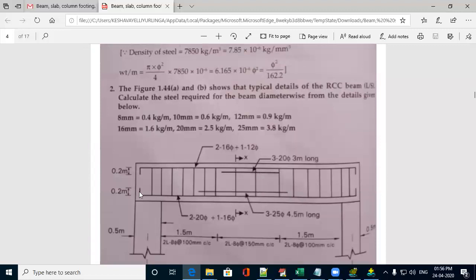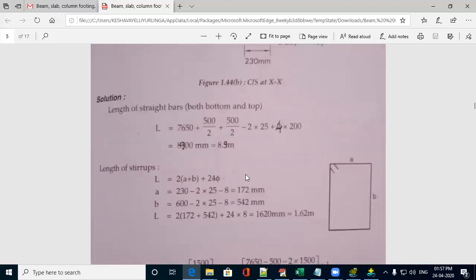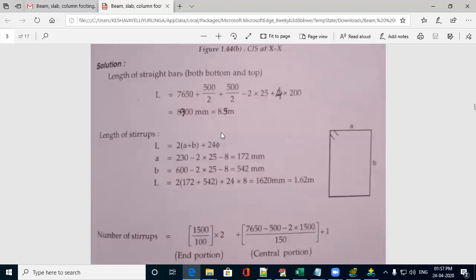Because for a single bar at 2 ends, here 0.2 and here 0.2. 0.2 meter can be converted into 200 mm. It comes to 8.5 meter. Each bar will be 8.5 meter. So the length of all 6 bars is 8.5 meters.